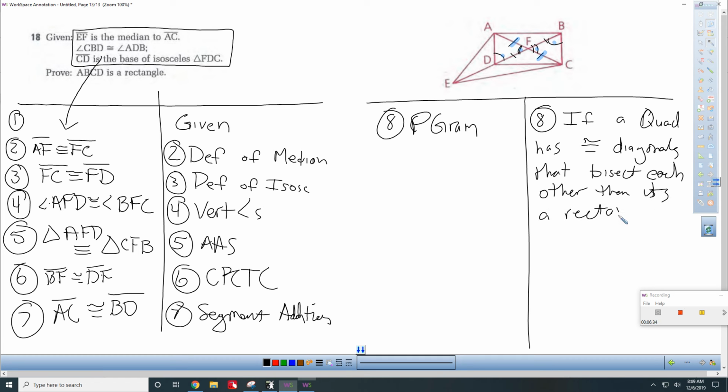So not only do we know that the diagonals are congruent, but we also know that they cut each other into equal parts, and that's the difference between a rectangle and an isosceles trapezoid.